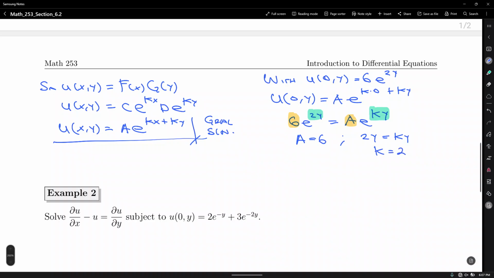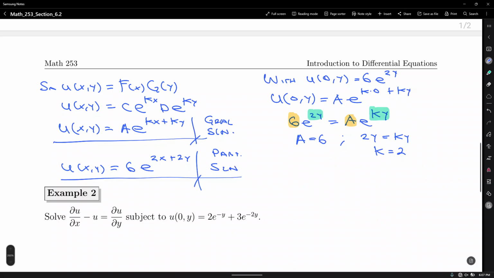Now, what does that mean? Go back to your particular solution. u(x, y) equals a, which is 6, e^(kx, which is 2x, plus 2y). And that is what? Our particular solution.